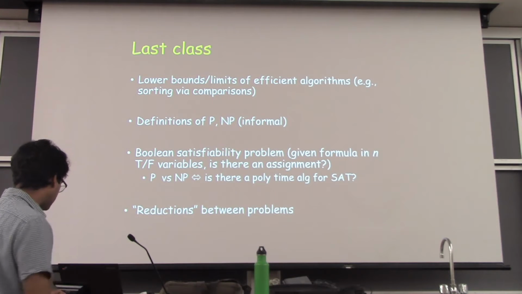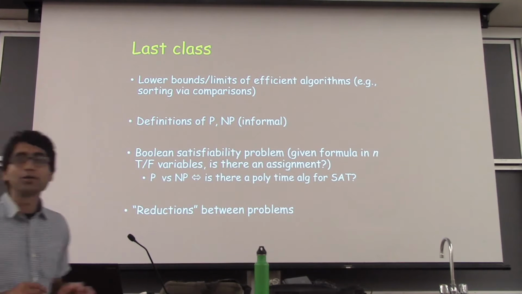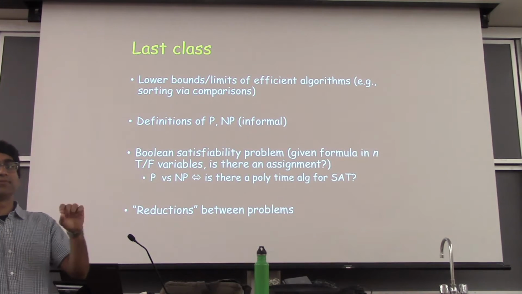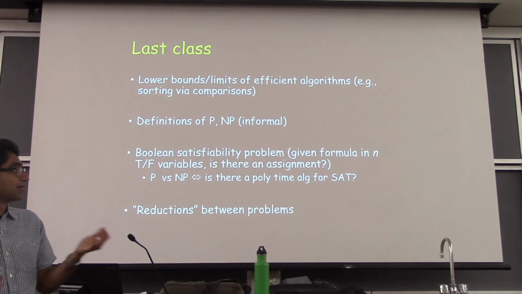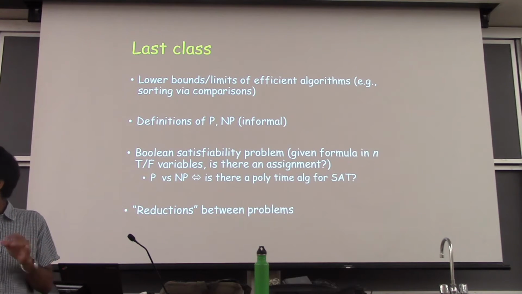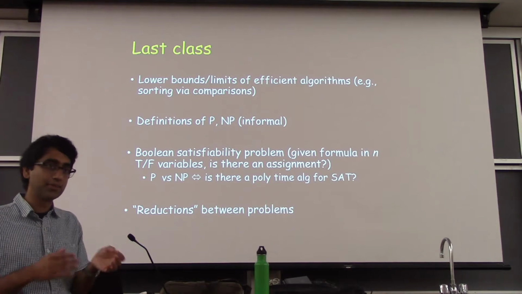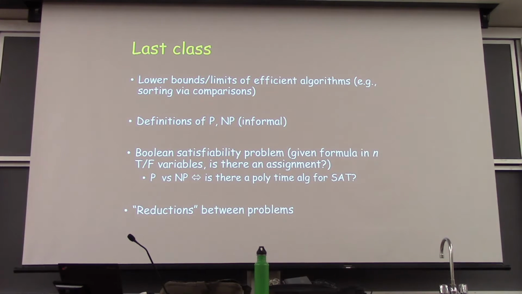We also defined the problem of Boolean satisfiability. You have a formula made up of n Boolean variables, which we call x1 through xn. Boolean just means true-false variables, and you have a logical formula. You want to figure out if there exists an assignment, a setting of x1 through xn to true or false, such that the overall formula evaluates to true.